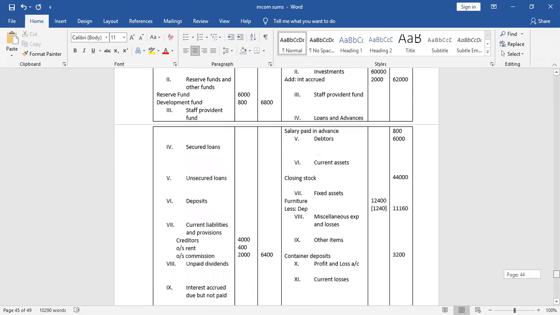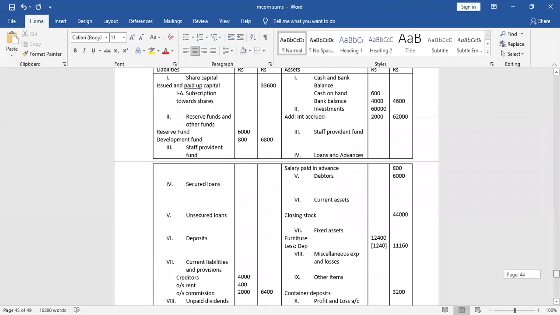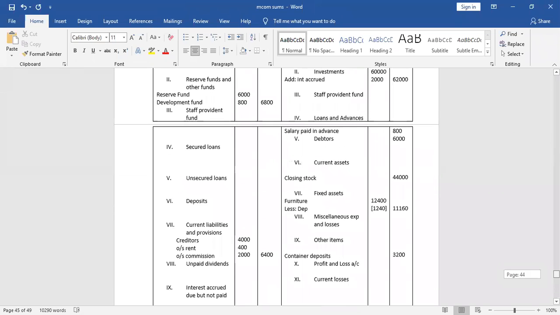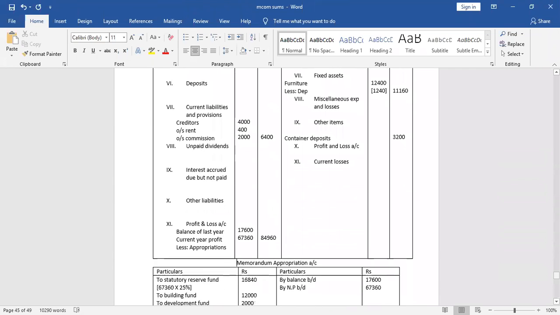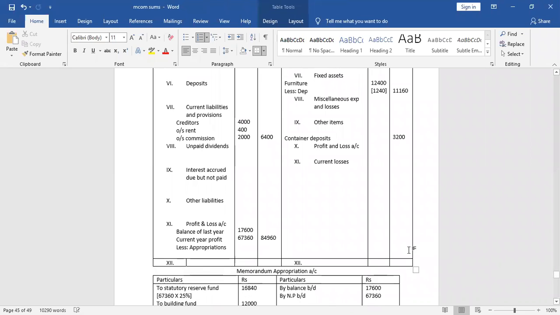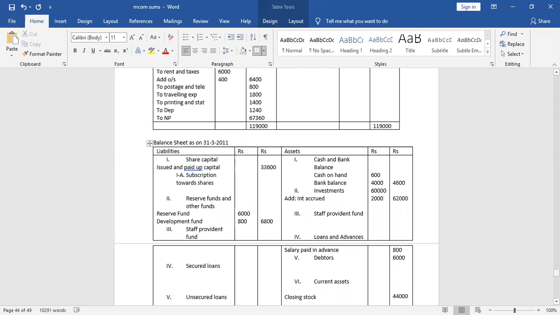Now what will we do? Just close this account and see whether it tallies. I'll just give you the amounts: 33,600, 6,800. The rest we have to keep nil because nothing is there.